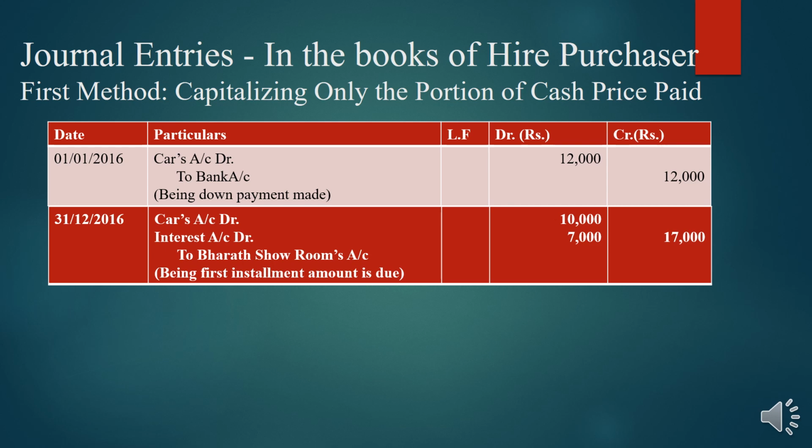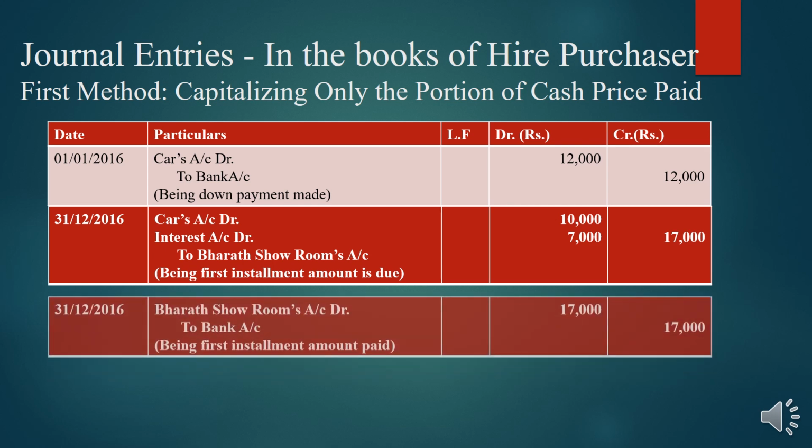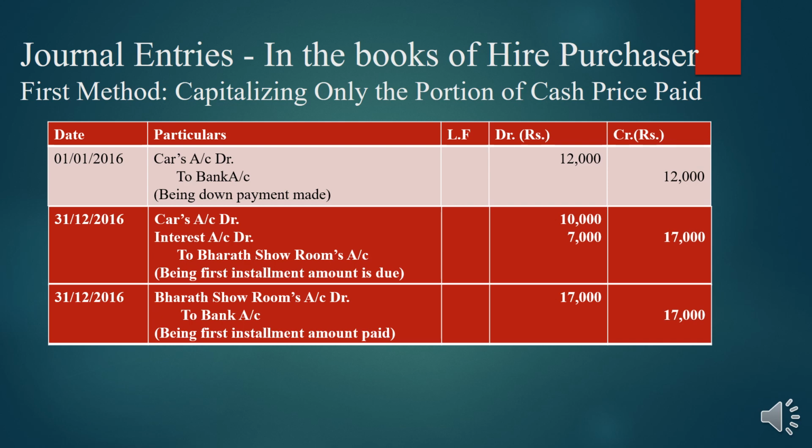When you add it up, you get 17,000, credited to Bharat showroom account. The next journal entry is for installment amount paid: Bharat showroom account debit 17,000 to bank account 17,000.